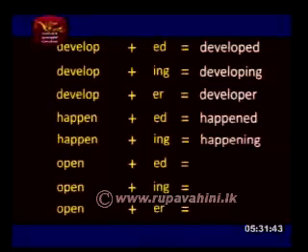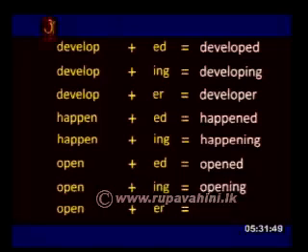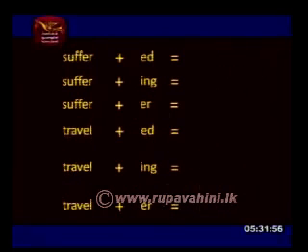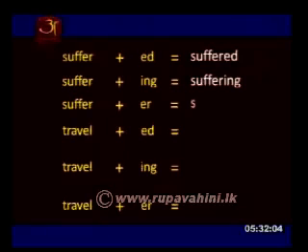Happen plus ing, happening. Open plus ed, opened. Open plus ing, opening. Open plus er, opener. Next one, suffer plus ed, suffered. You can see we don't double the last letter. Suffering also the same. Sufferer is S-U-F-F-E-R-E-R.